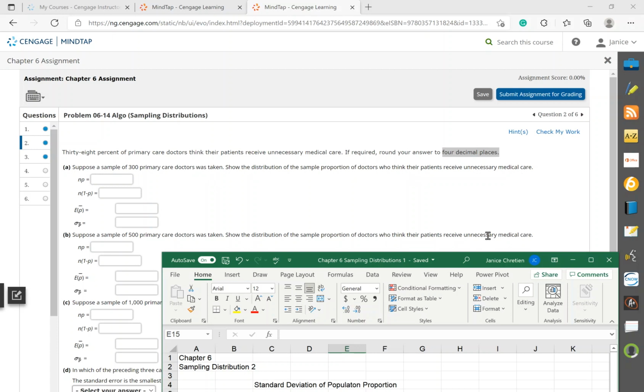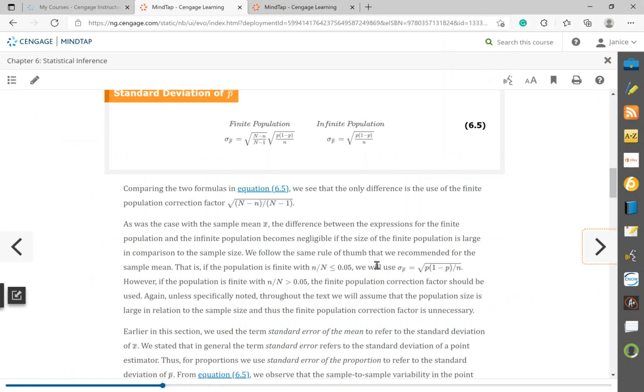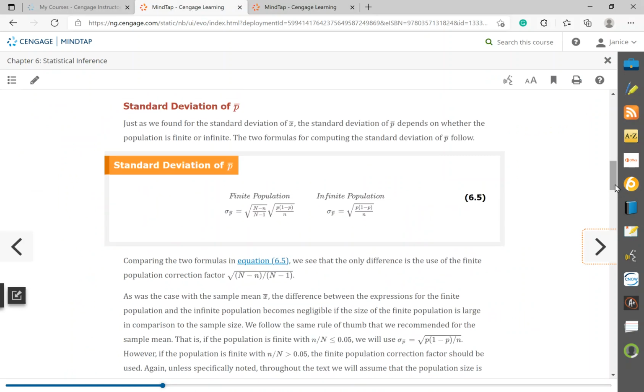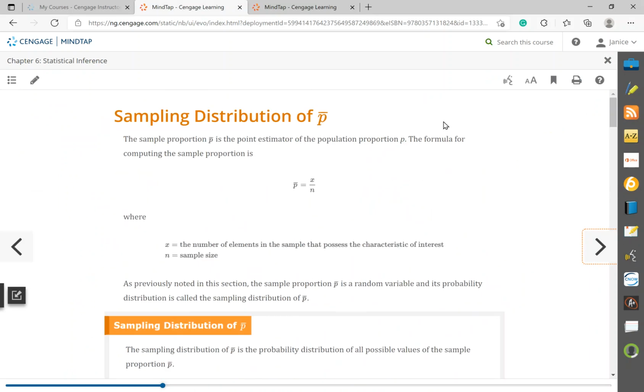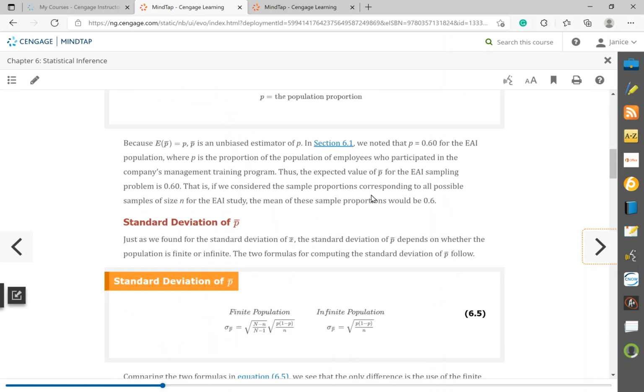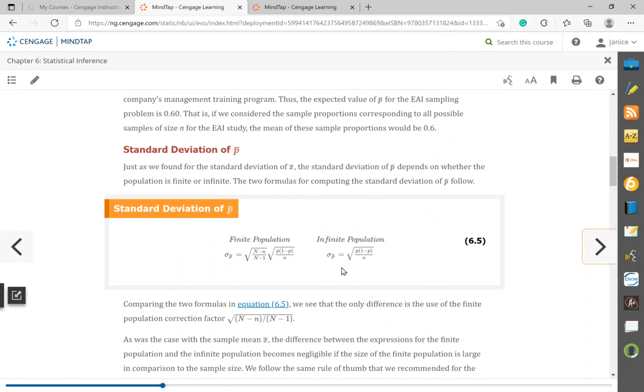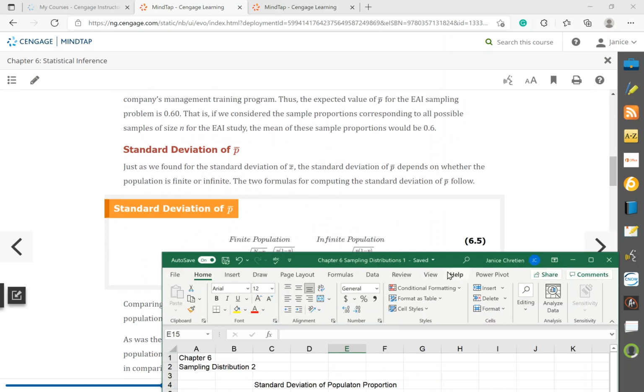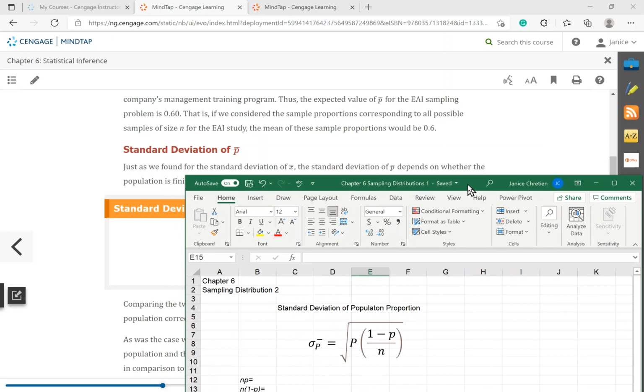So in this problem, we are asked to determine the standard deviation of the population proportion, which you read about in the text this week, sampling distribution of the population proportion, and we were given the formula here. So I've just put that on the spreadsheet to help us work our question.